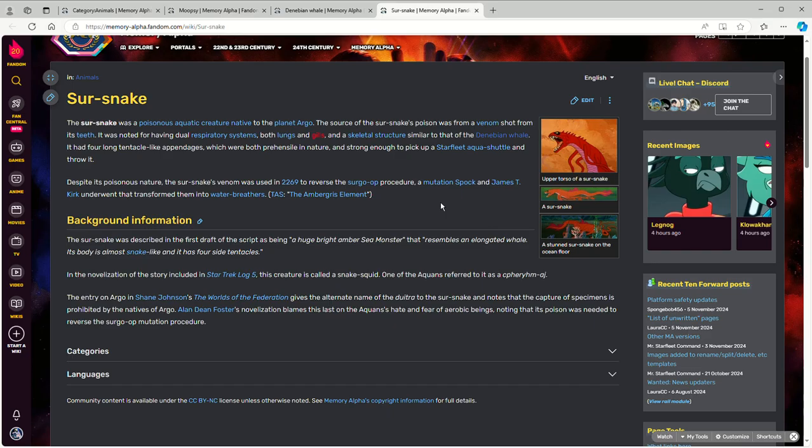Given the way I've been doing this, doing things sequentially, although admittedly I started at episode 1 of TNG and didn't start at episode 1 of TOS, I'm going to do TOS eventually and TAS. I'm looking forward to going over the ambergris element and micro-analyzing the in-universe significance of this thing.